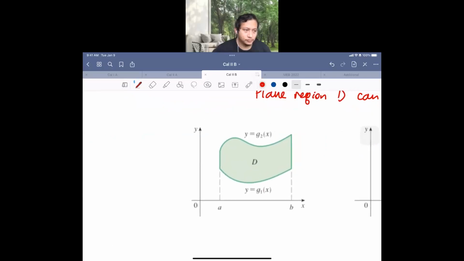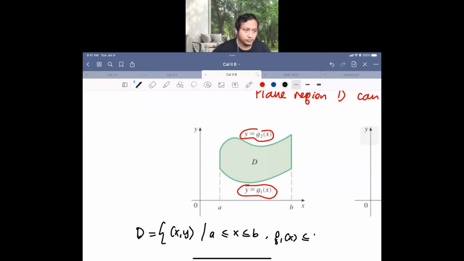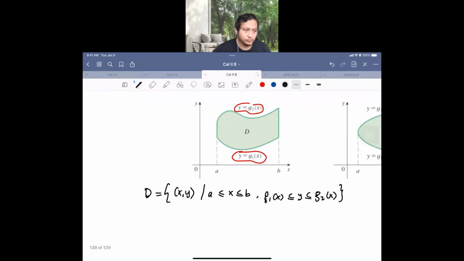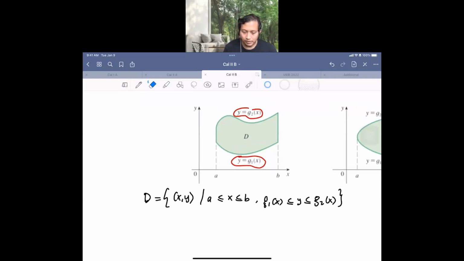So if we have D, and we have two different restricting lines or curves that can be defined as functions of x, symbolized by g1 and g2, then our D is the set of points where x is between a and b, and y is between g1 of x and g2 of x.